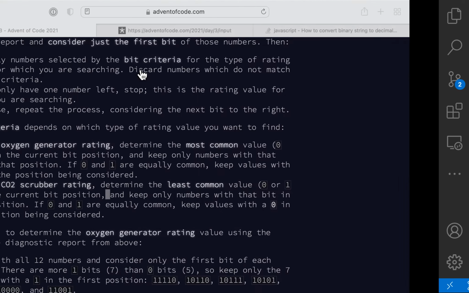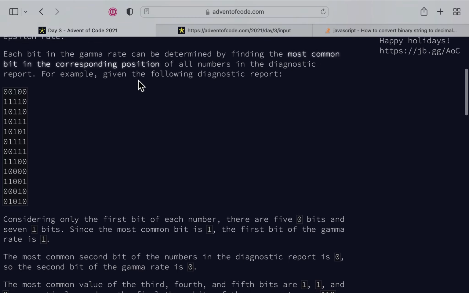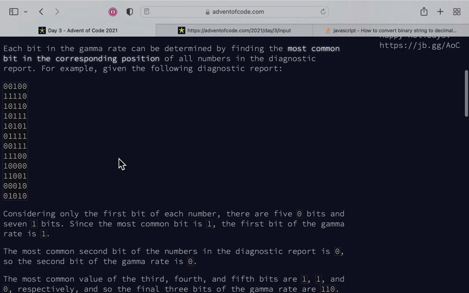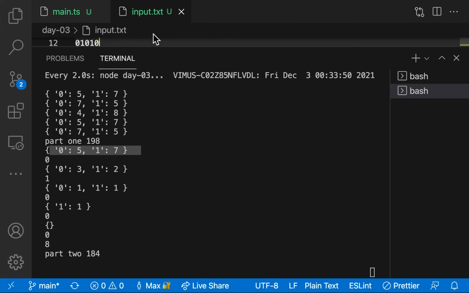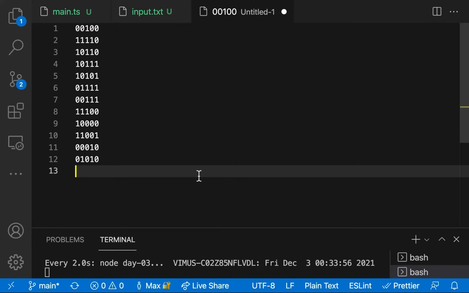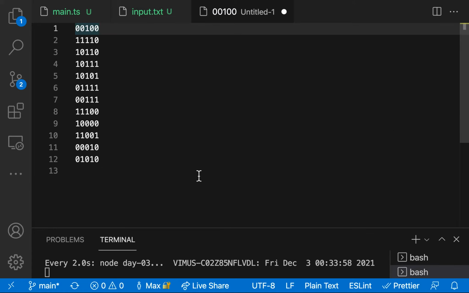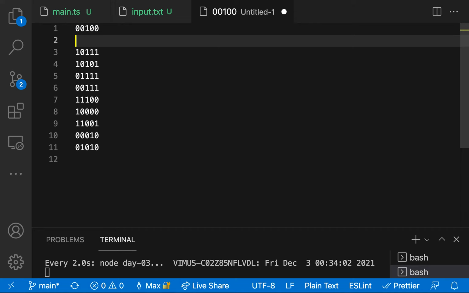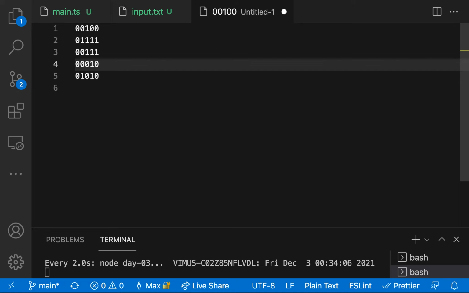Right, but if we look at the first column, there definitely are fewer... I guess we can just do it by hand, right? I don't want to do this by hand. Right, but okay, fine. We know that there are less zeros, so we can get rid of all of those. And that leaves us with these.